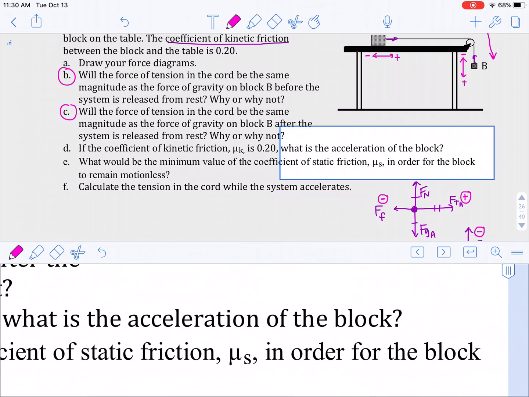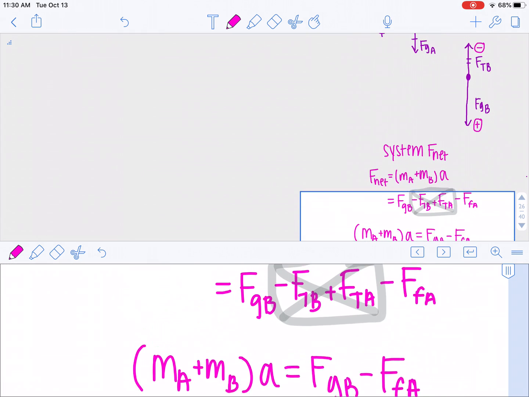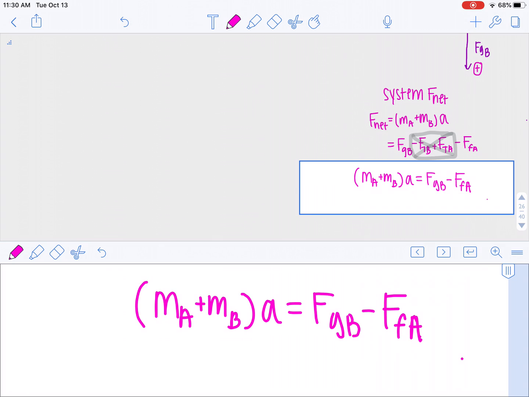So I'm trying to solve for the acceleration. And with these two body systems, I should look for things that are the same that I can use substitution for, like substitution in algebra. So Ft is the same, and so I've actually already eliminated Ft from my equation.